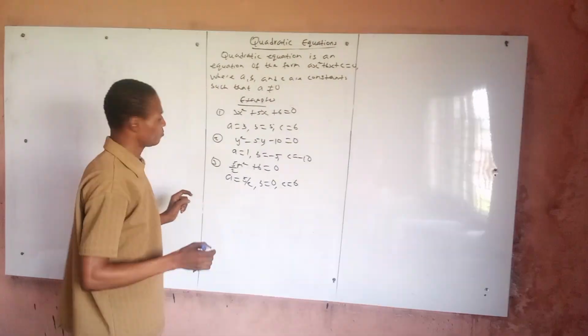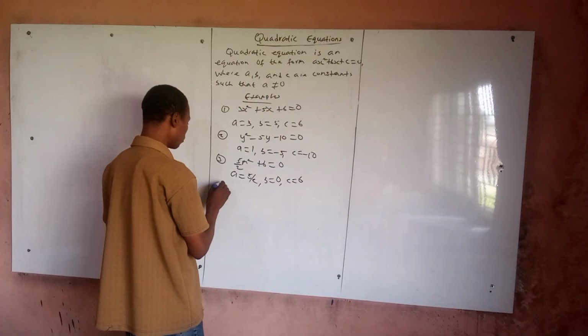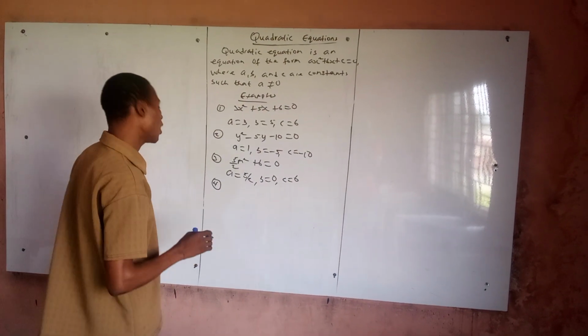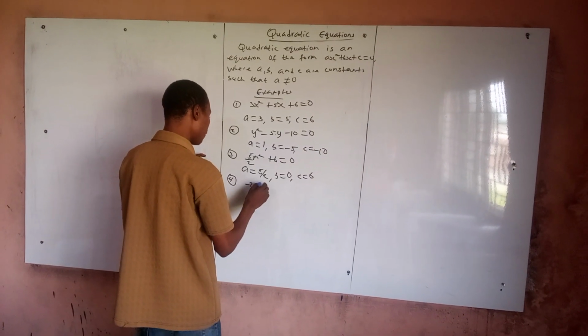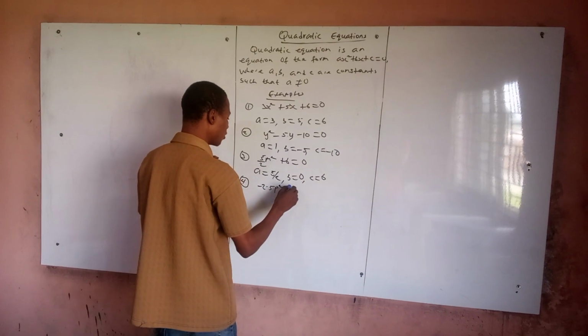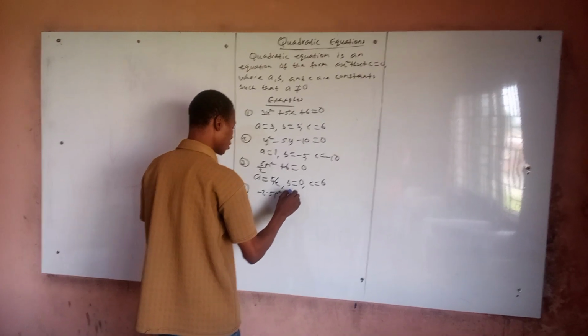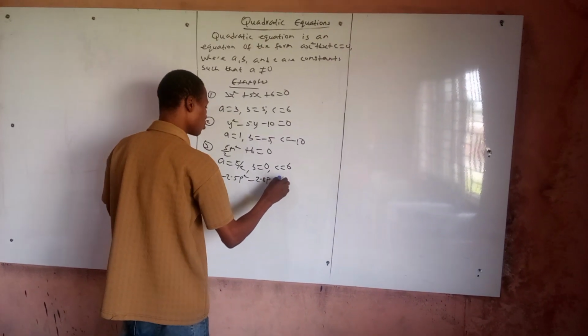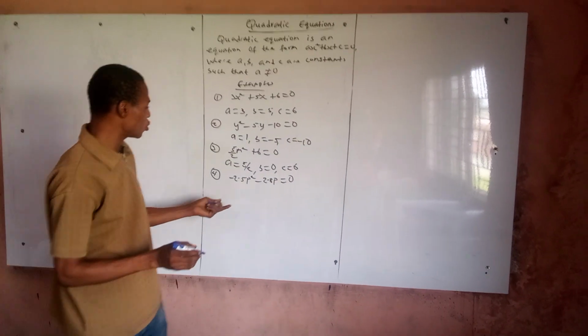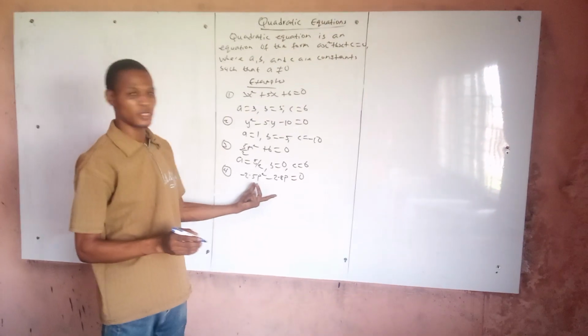I want to give you two more examples of quadratic equations. If you have minus 2.5 p squared minus 2.8 p equals 0, this is also a quadratic equation in terms of p.